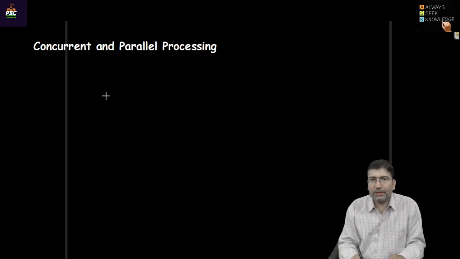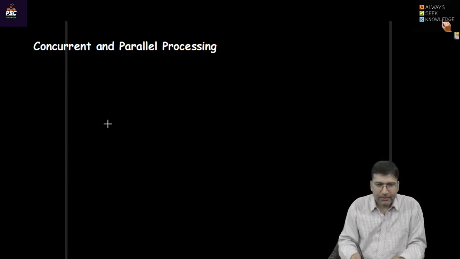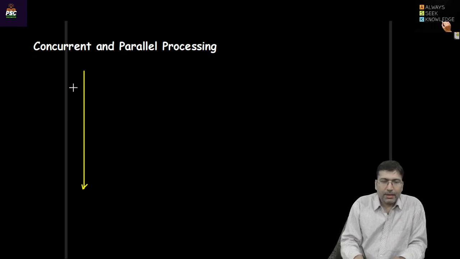In concurrent processing, if I depict it with the help of a picture, let's say time is moving like this, and I'm starting two processes. P1 is executing here for a certain duration of time, and P2 is executing, let's say, here. If there is only a single CPU, when P1 is executing, P2 cannot execute.